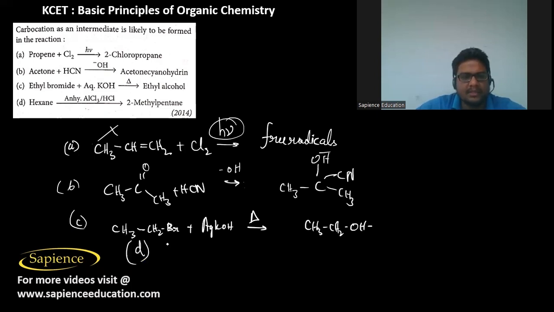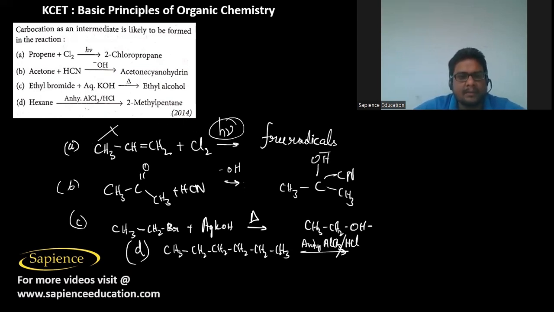But in option D, hexane, which is CH3, CH2, CH2, CH2, CH2, CH3, is reacting with anhydrous AlCl3 and HCl. So then 2-methyl pentane will be formed.